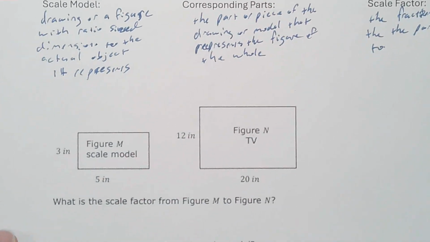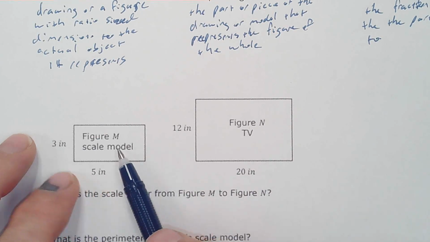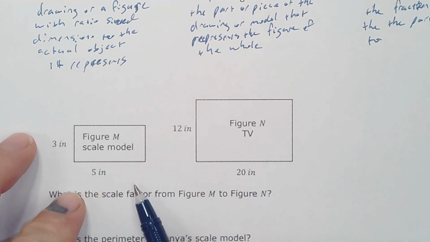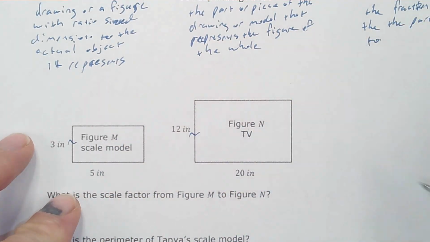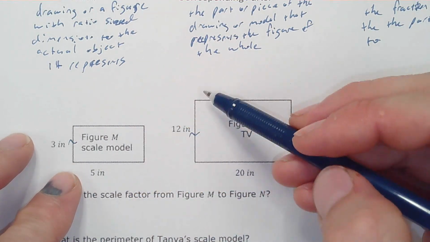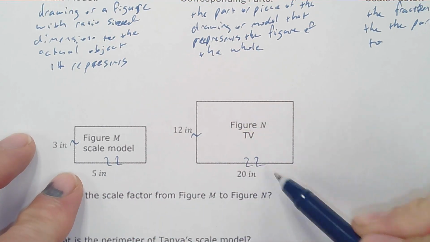Okay, so here's an example, right? We have a figure model, a scale model of this TV, and it's 3 inches to 12 inches, right? And 5 inches to 20 inches, right? So we can say this is a similar size, because this is the short end of our rectangle. This is the short end of our rectangle. And then we have a long side of a rectangle, and this is the similar side of the rectangle.